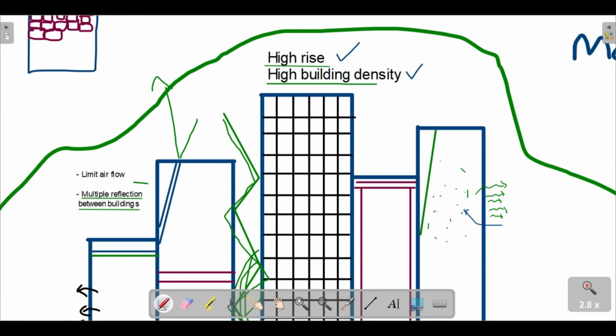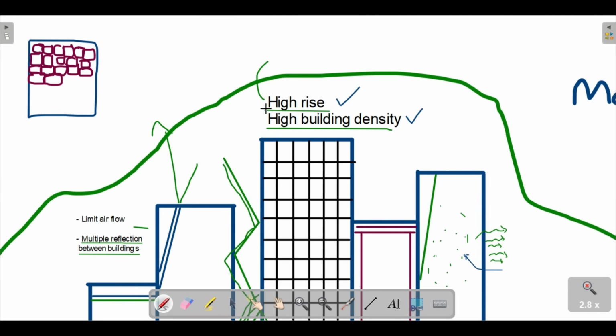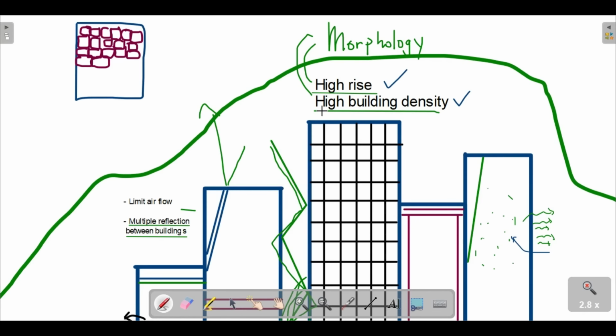And another point is the high building density. Remember, these two speak to the morphology or the structural design of the urban area, particularly the CBD. Now, the second point is the high building density. Because there's a lot of buildings, as I've illustrated here on the top left, you can think about air.